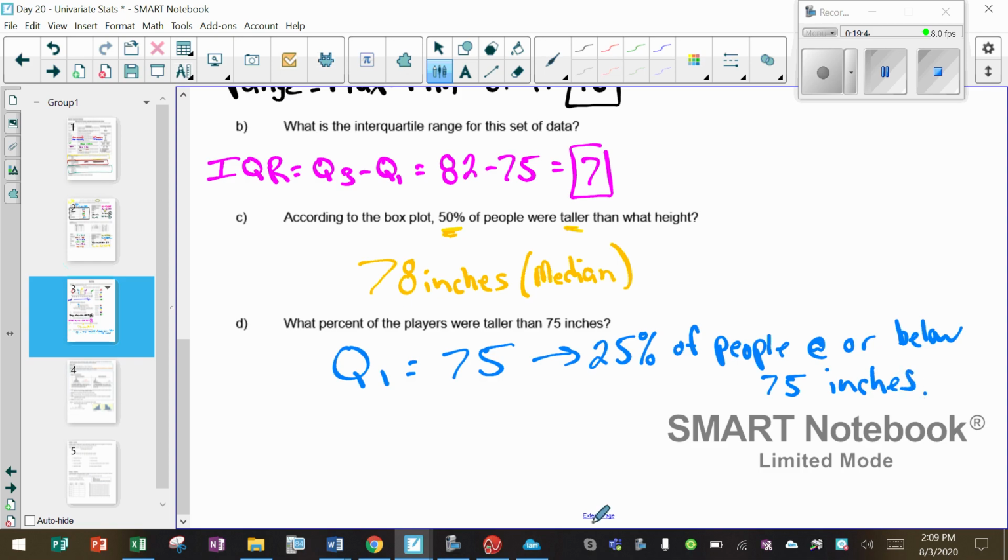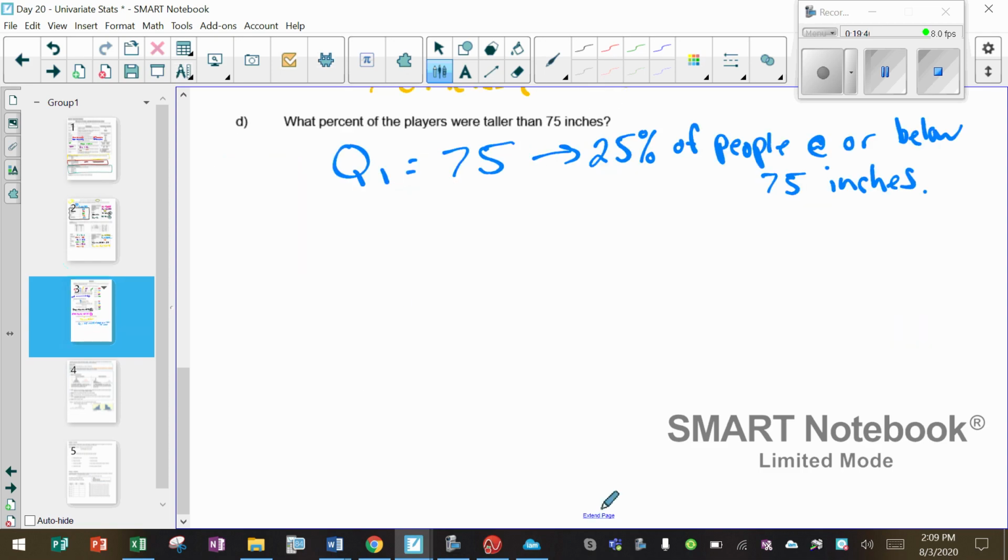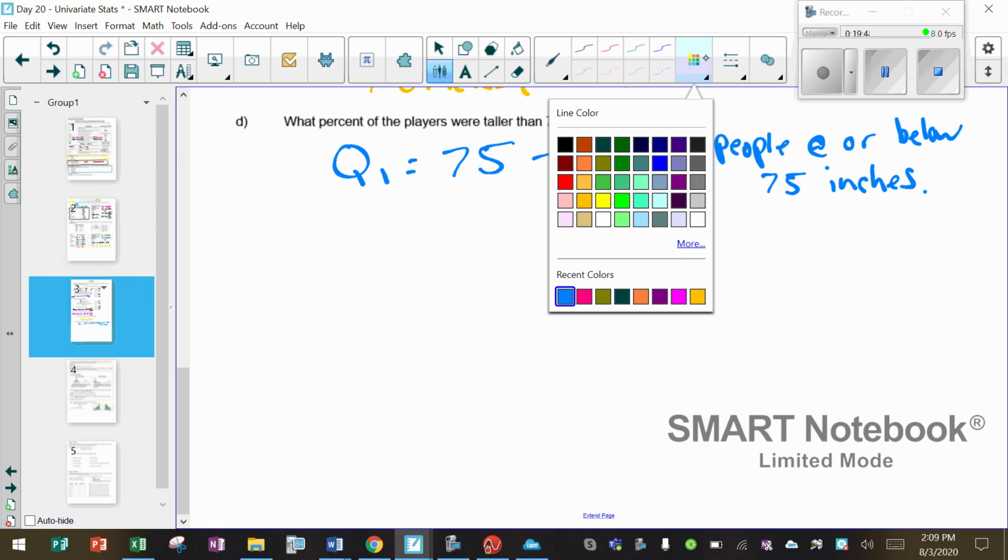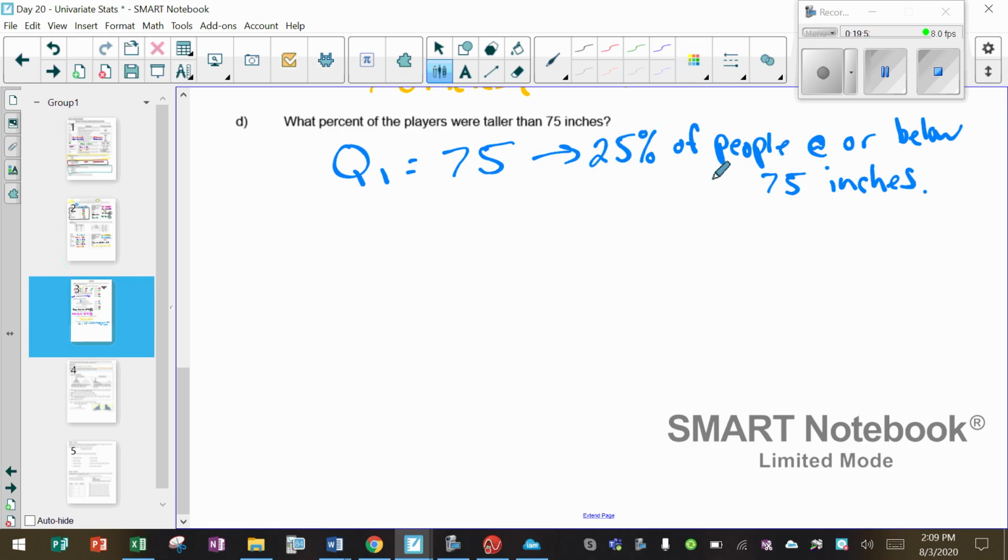But this asks what percentage of people are taller than 75 inches. So if 25% of the people are below 75 inches, then 75% of the people are taller.